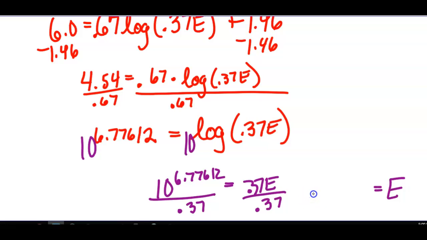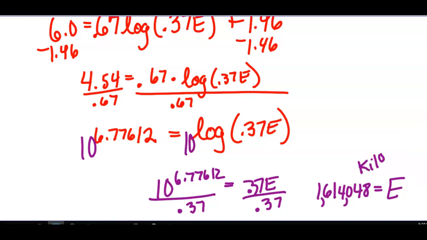So 10 to the power of 6.776 whatever, and then divided by 0.37. It's a really huge number, 161,405 something. So over 1 million was it kilowatt hours, I think?